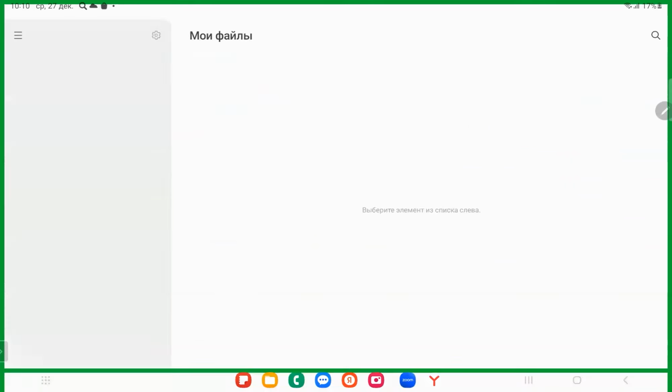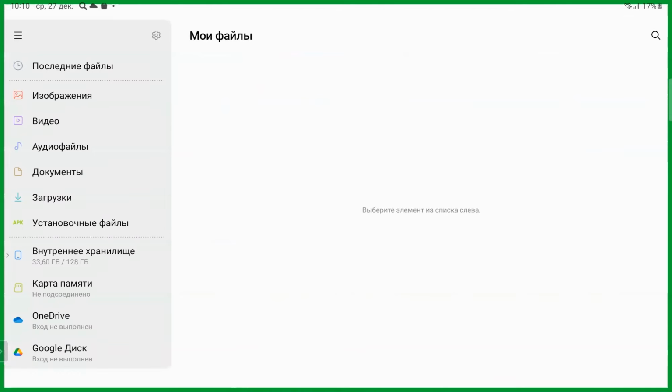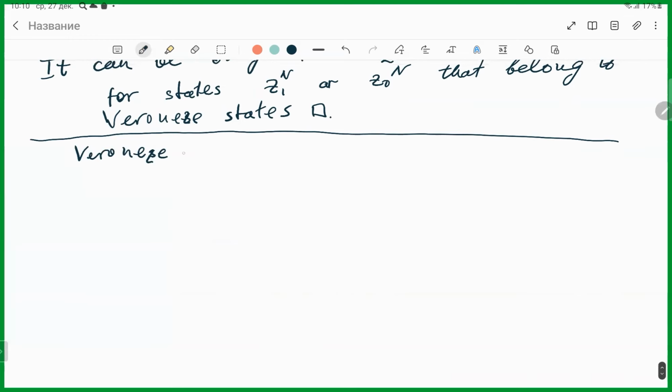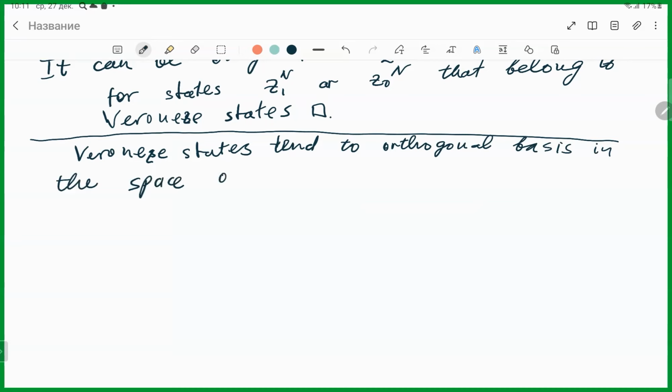Okay, now I'm making another claim. Veronese states tend to an orthogonal basis in the space of states when n goes to infinity.